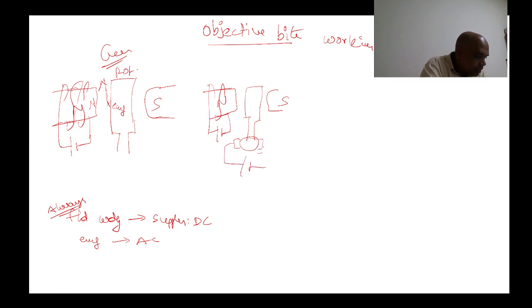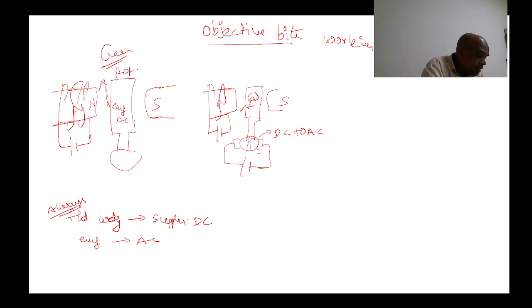You give DC supply. But what is the function of the commutator? It converts from DC to AC. So which type of current passes through the conductor? AC. Always AC current passes through the armature conductor. Here also the EMF is always AC.